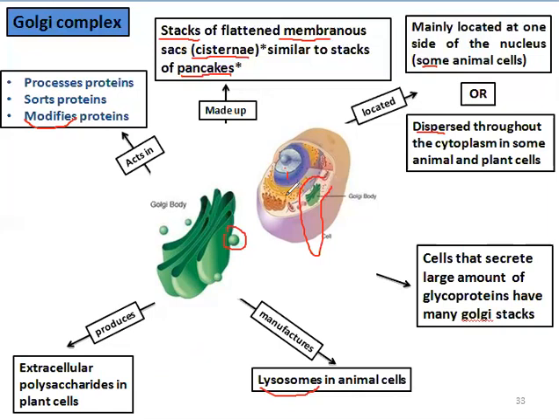This protein enters inside the ER and then it will be modified, for example the glycosylation that occurs. Then the protein, now modified inside the ER, exits the ER within a vesicle.